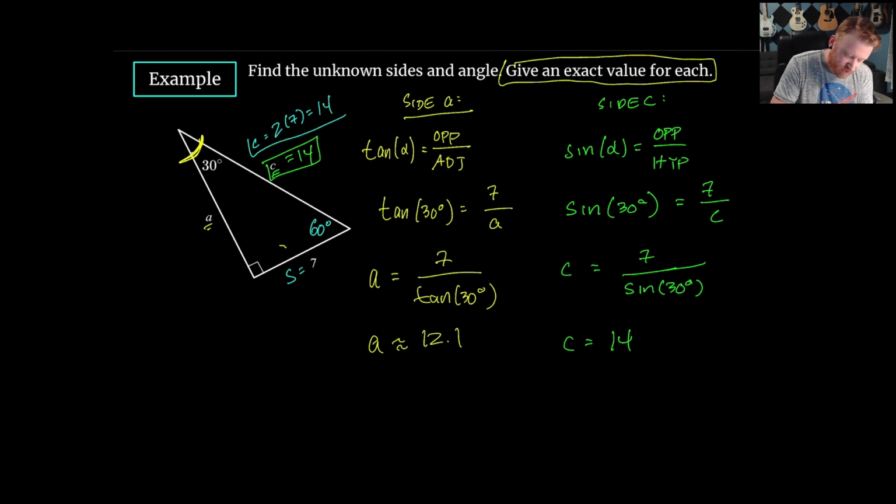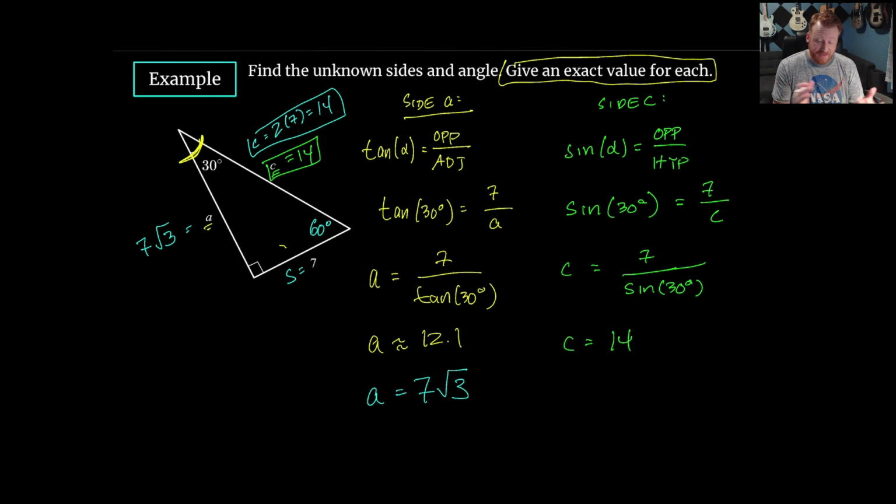We get the same answer either way here, which means that the other side length here should be S, which is 7, times the square root of 3. So now we have it as an exact length, not an approximation, but A is exactly 7 times the square root of 3.